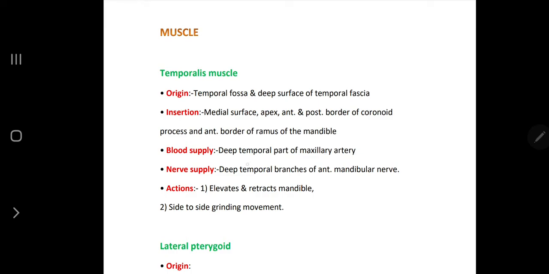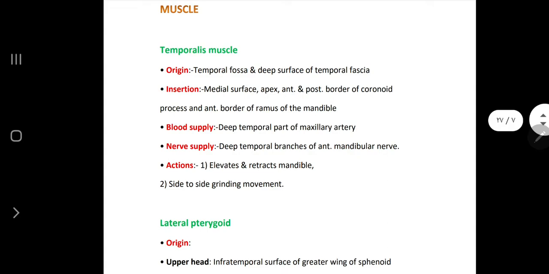The blood supply by deep temporal part of maxillary artery. Nerve supply by deep temporal branch of anterior mandibular nerve. الأكشن مالتها يكون عن move of the mandible.